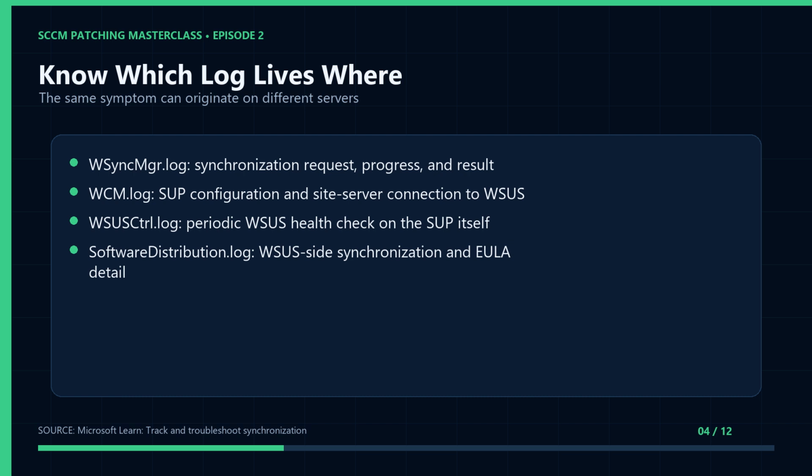Use safe checks before remediation. WSUSUTIL checkhealth results go to the application event log. Confirm the update services and web publishing services. Test the approved lab host and configured port. For a remote SUP, use the WSUS administration console installed on the site server and connect with the exact fully qualified name and port.